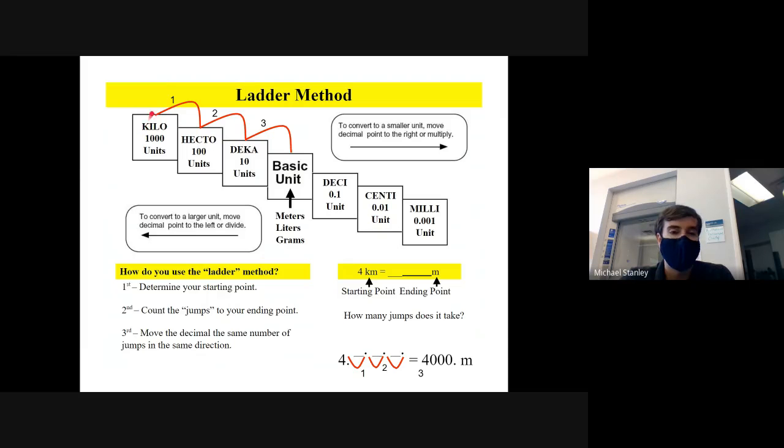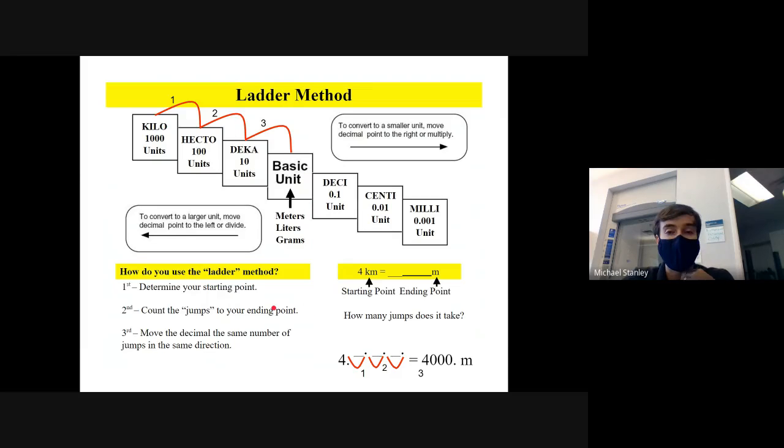So we're going to go 1 jump brings us here, 2 jumps brings us here, and 3 jumps brings us here. So it is 3 jumps from kilo to our base unit, from kilometer to meter. And we traveled to the right. So we went from here to here, we went to the right, and we jumped 3 times.